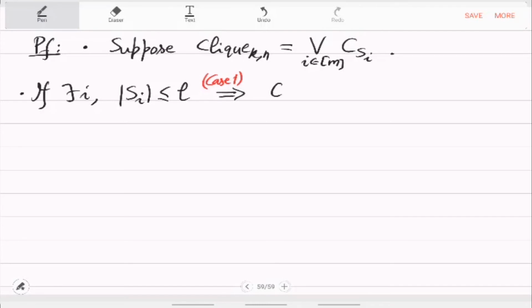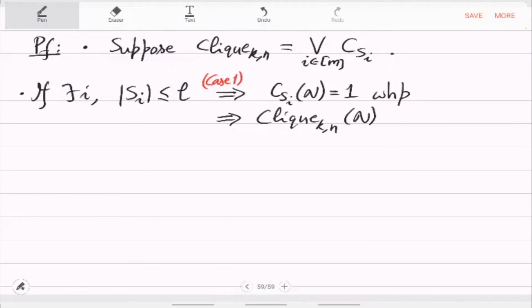So then CSI on the no instance is 1 with high probability, which means that the clique function is also 1 with high probability, because clique is an OR of these CSIs. So if one of them is 1, the whole thing is 1, right? So that's a contradiction. So this cannot happen. Let's look at the other case.